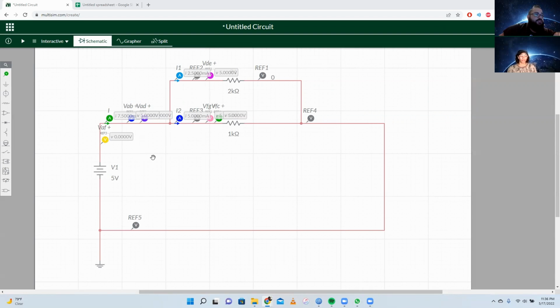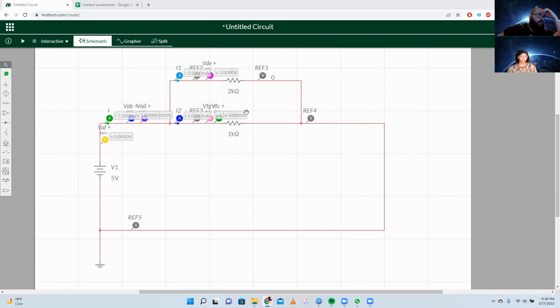In terms of all the voltages, with the exception of AF and AD, everything else is 5 volts, because in a parallel circuit, voltage stays the same. The only thing that doesn't stay the same is amperage. That gets divided across the components that utilize it. The reason AF and AD are at 0 volts is because there's no component there, so no voltage drop occurs.